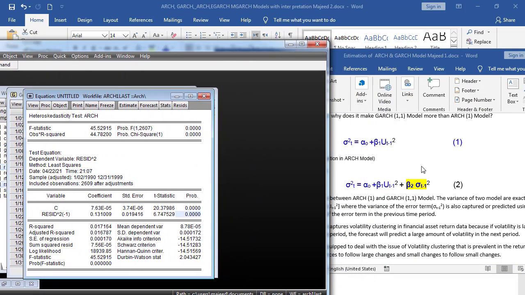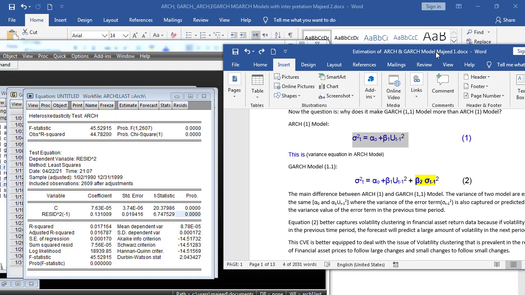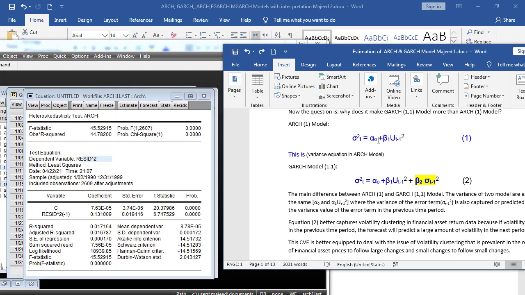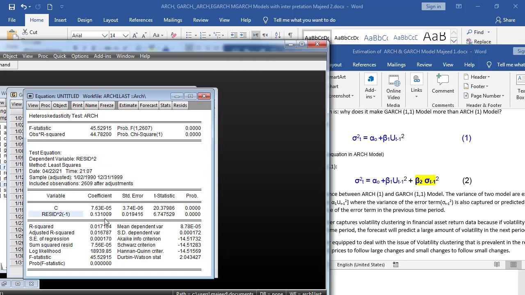So here is the ARCH effect, the ARCH model: this is the residual square lag 1, and here is the constant C, which is 0.000076, plus beta for residual square lag 1 is 0.131, and the p-value is less than 5%, which is statistically significant. So this is the estimated ARCH model.